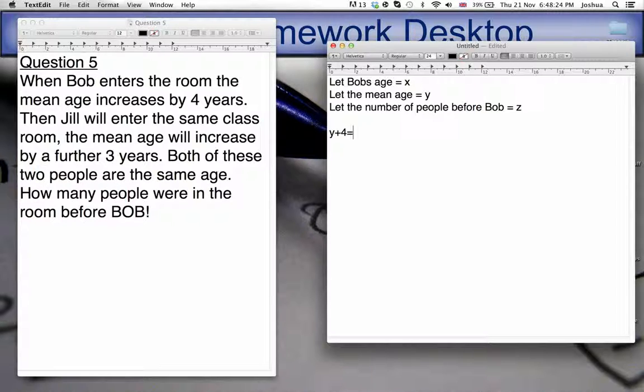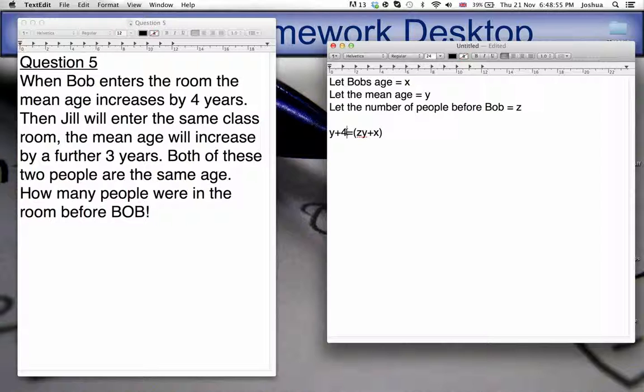Now what must the new mean be? It must be the number of people before Bob times their ages, to get the sum of their ages. Then you must add in Bob's age, and then that is divided by Z plus 1.